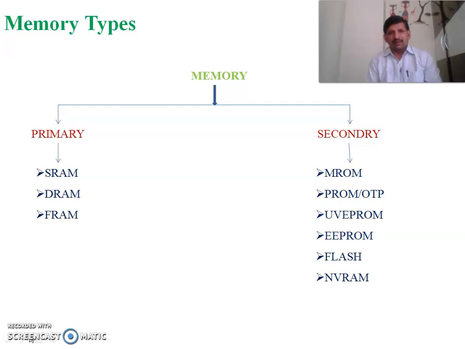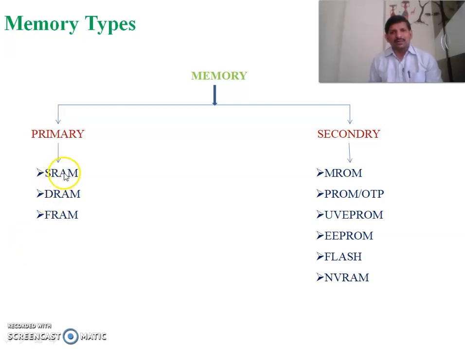There are different types of devices in the primary category. One is SRAM, static random access memory. In static random access memory, the information is stored in the form of voltage. Since it is stored in the form of voltage, it doesn't require refreshing.